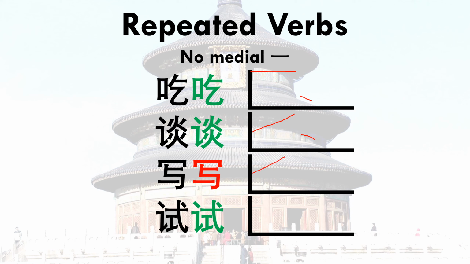So 写 and then 写. Third tone de-stressed kind of looks like that. 写写. And 试试. So the first one is stressed and the second one is not de-stressed fourth tone but fifth tone. 试试. So, a really short low sound.